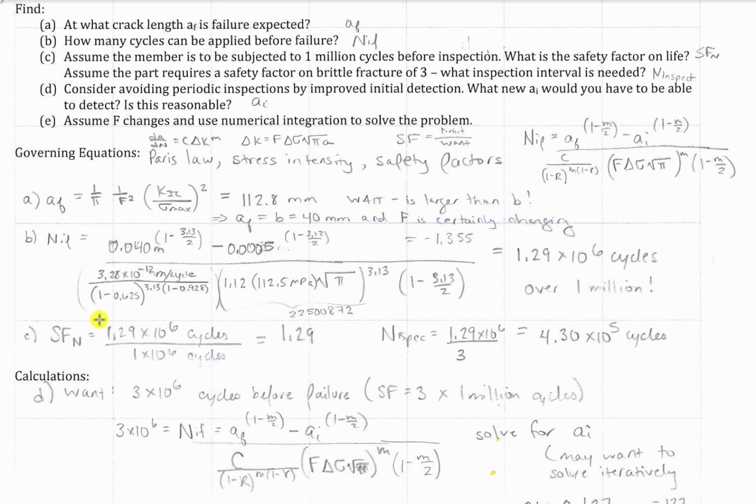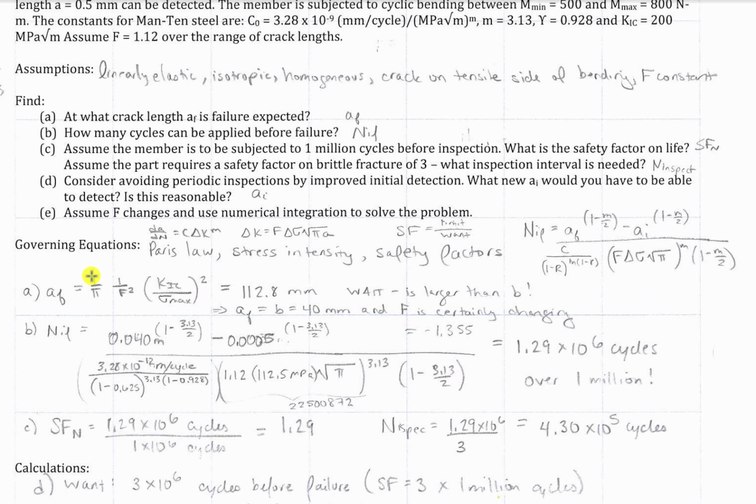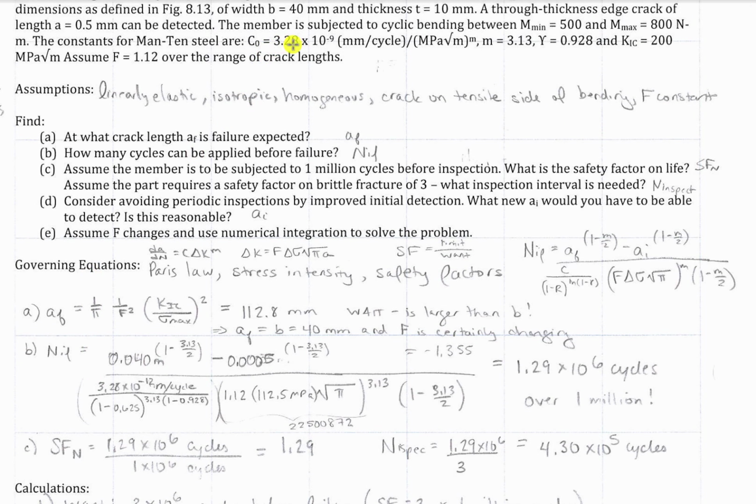And this is the C constant that gets pretty nasty when you have a non-zero R ratio. So it's the original C, or C naught, that was given, and I strongly suggest that you always work this in meters. So I always just take this and change this into meters per cycle. It was given as 3.28 times 10 to the negative 9th millimeters per cycle. That would be the same thing as 3.28 times 10 to the negative 12th meters per cycle.